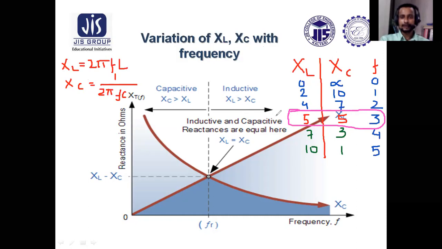So this is the frequency at which resonance will occur, as these two reactances are equal. So this is how we can show variation of XL and XC with frequency. Now, why is this written?